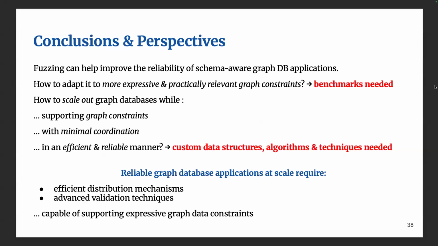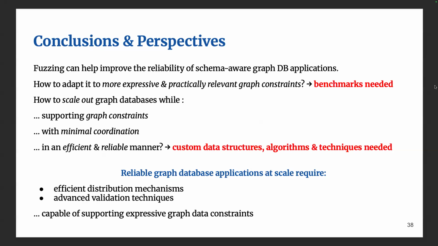So to conclude, we see that there are tools that can be adapted to the property graph setting, but they would need to be accompanied by suitable benchmarks. In particular, it would be really nice to have benchmarks of applications, toy applications, micro benchmarks that we could extract maybe from real-world, more complex settings that could support the development of such tools.